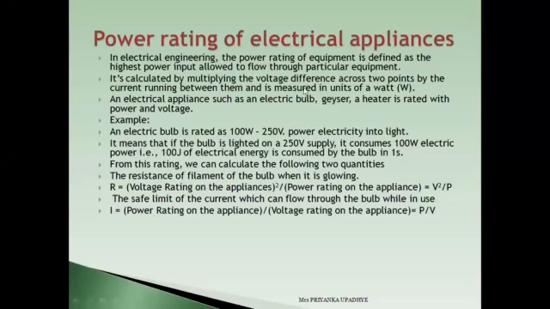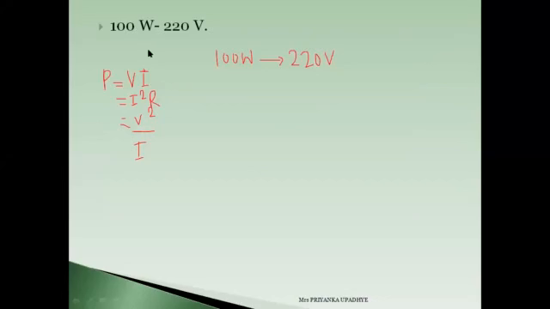Okay children, let's study about the power rating of electrical appliances. Every electrical appliance has some power rating, whatever we are using: geyser, fan, heater, toaster. For example, on a bulb it is written 100 watt 220 volt.